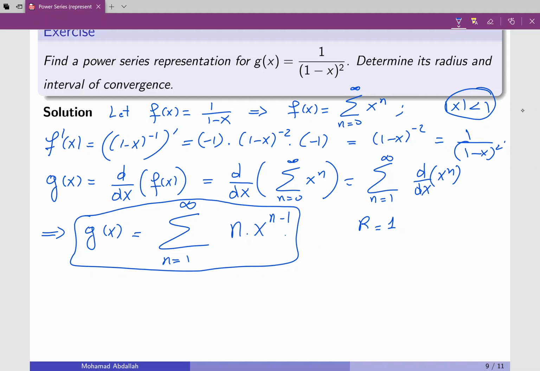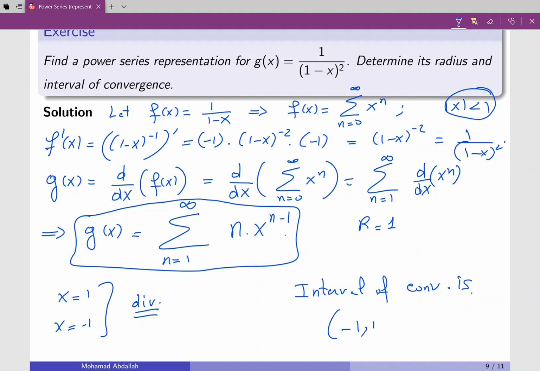You can verify that when x equals 1 and when x equals -1, in both cases it's going to diverge clearly, because the limit is going to be infinity or does not exist by the divergence test. So the interval of convergence is -1 to 1.